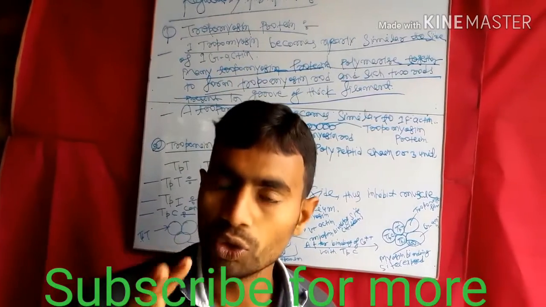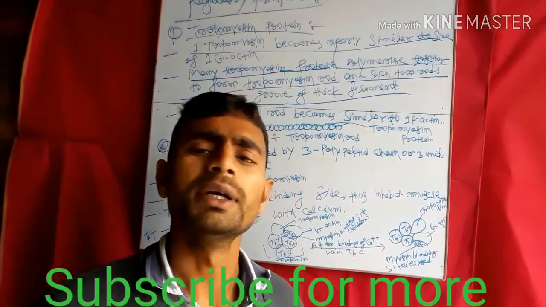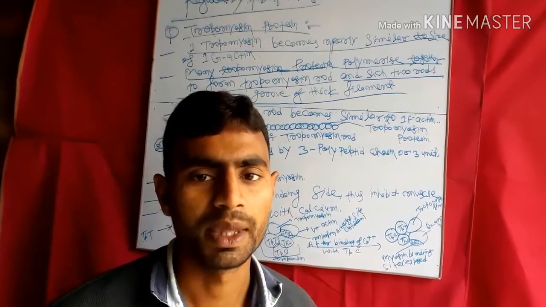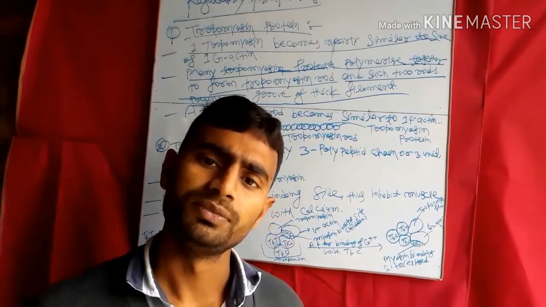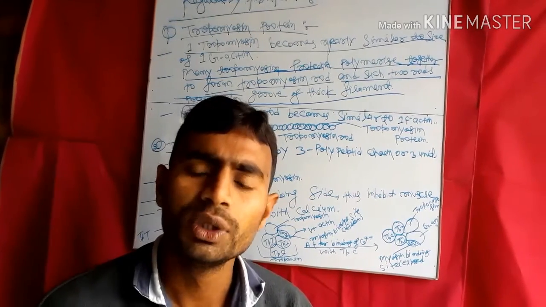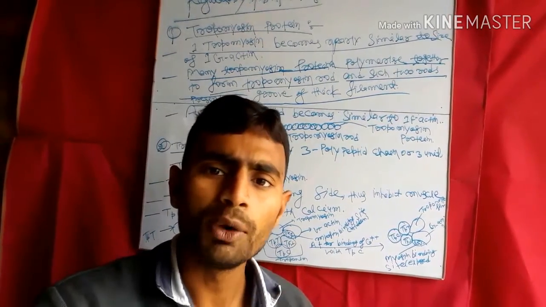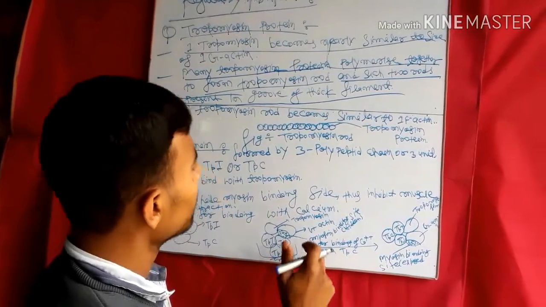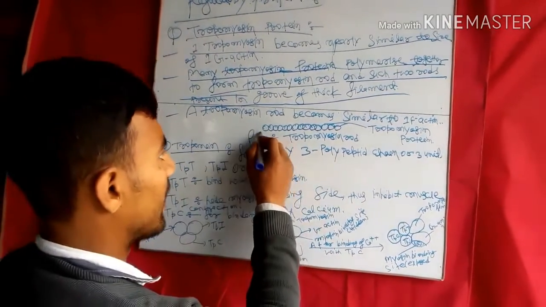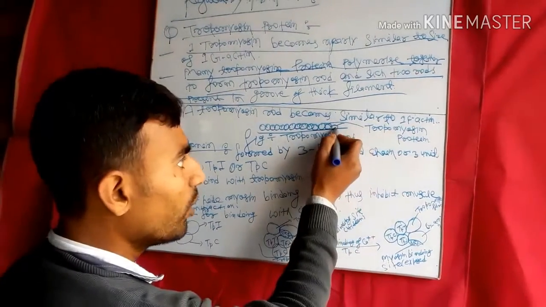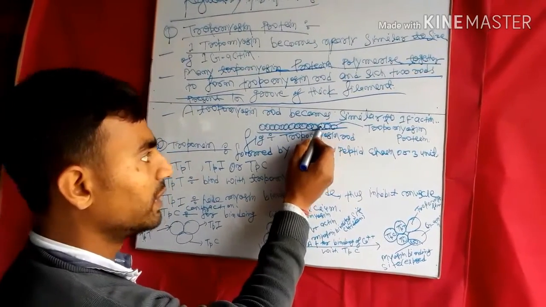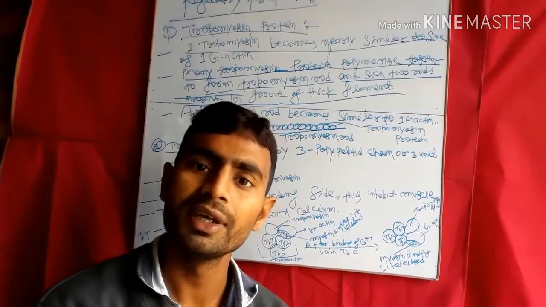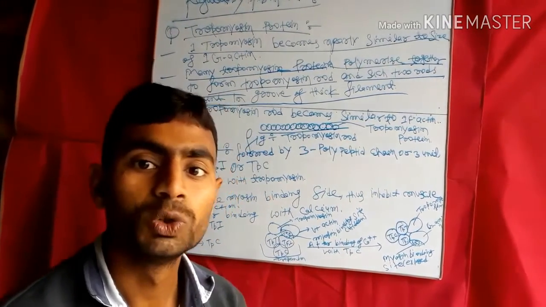One tropomyosin is similar to one globular actin. This is the first tropomyosin, second, third, fourth, and many tropomyosin together polymerize and form a tropomyosin rod.